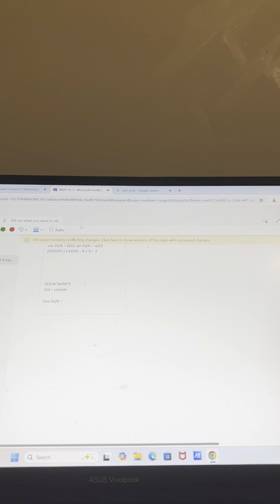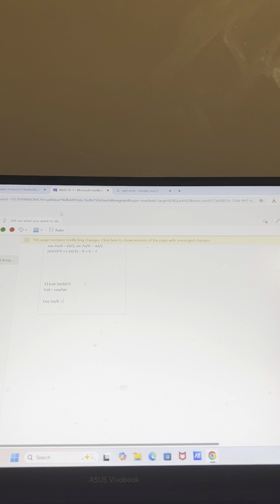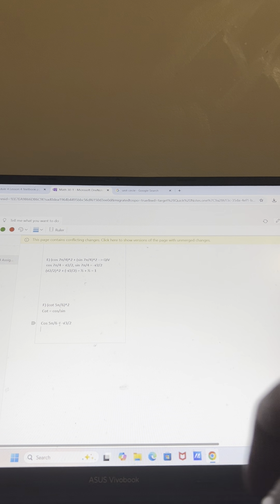It was negative square root of 3 over 2, and sine of 5 pi over 6 is going to equal 1 over 2.